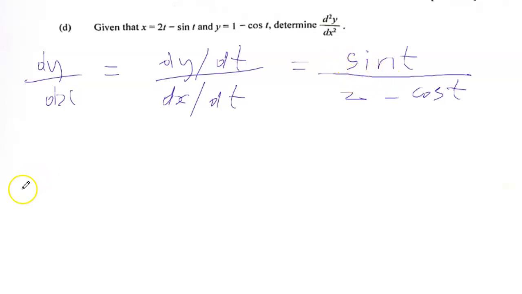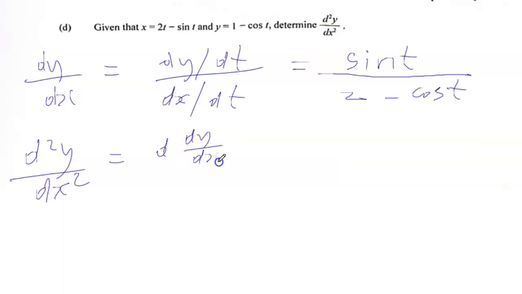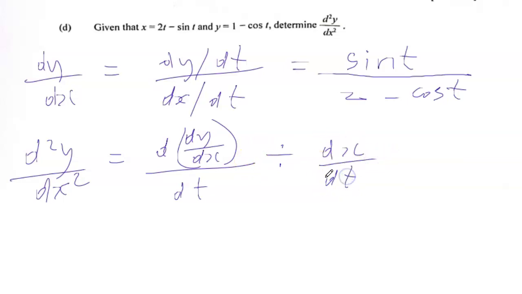So this is dy by dx. Now, the second derivative, d2y by dx squared, is equal to the derivative of dy by dx with respect to t, divided by dx by dt. So that's a formula for d2y by dx squared. So we're going to differentiate dy by dx with respect to t. And notice it's a quotient, so we're going to be using the quotient rule.